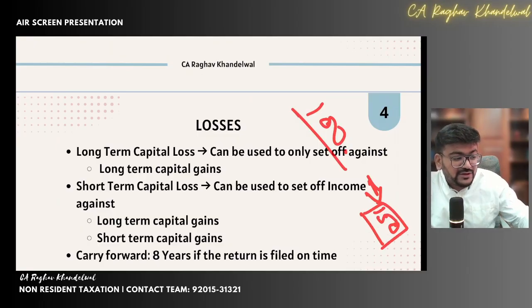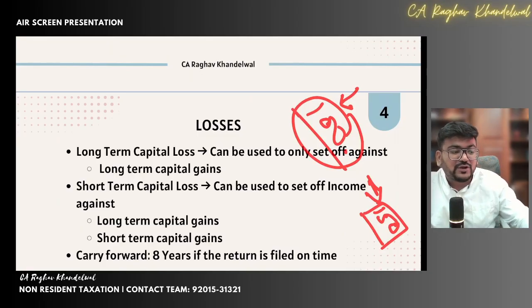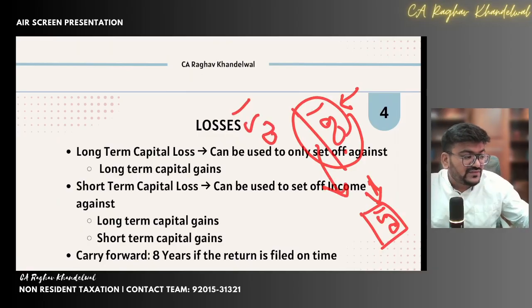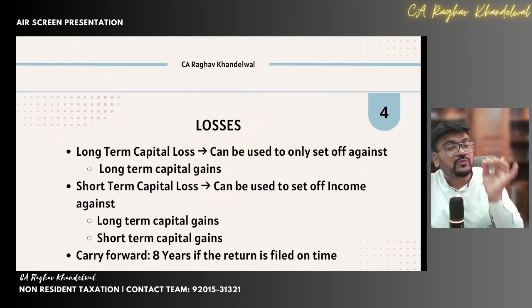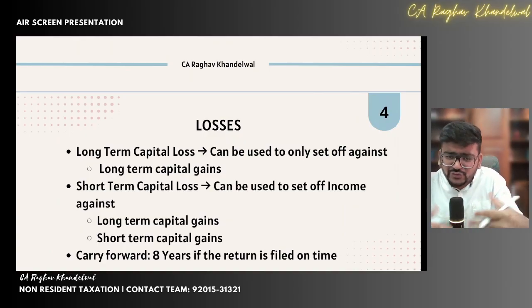Because I had losses in earlier years, I can use these losses to set off against the income. So there is income of 150 rupees, losses of 100 rupees, so the net long-term capital gain income is 50 rupees, and I have to pay taxes on only this excess amount, that is 50 rupees. So this is called the concept of losses and set off.